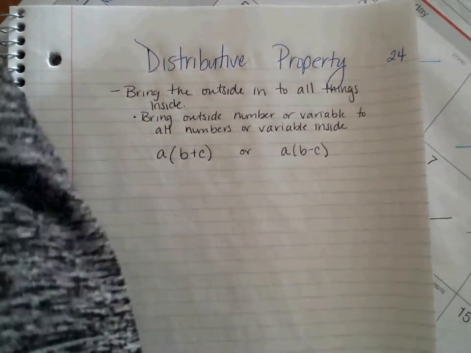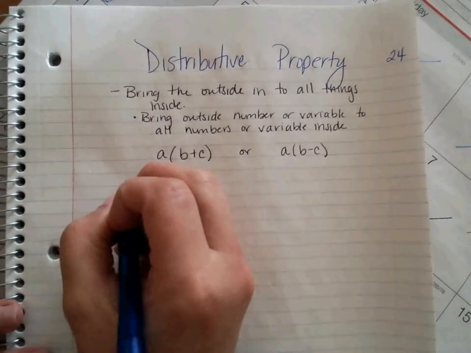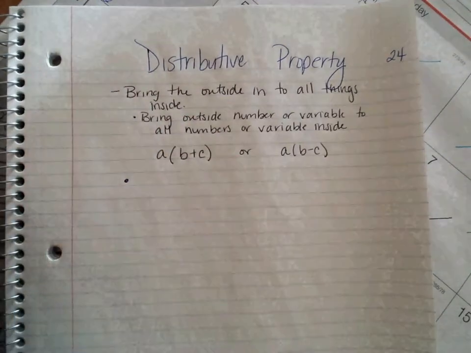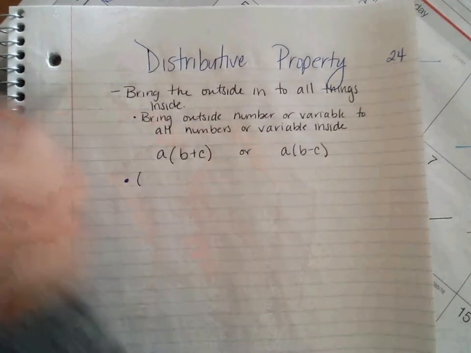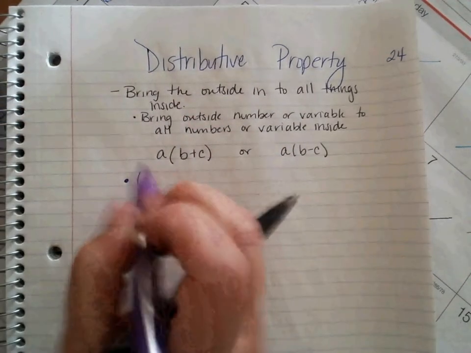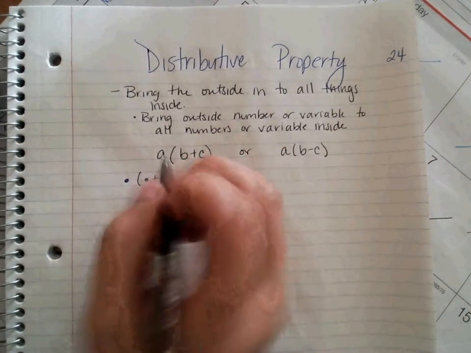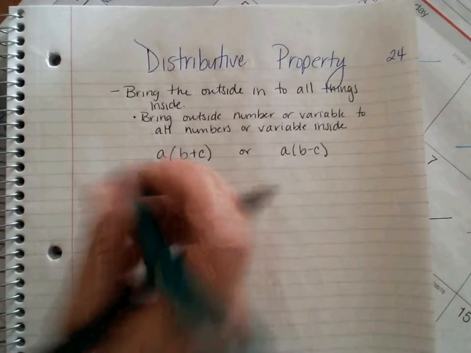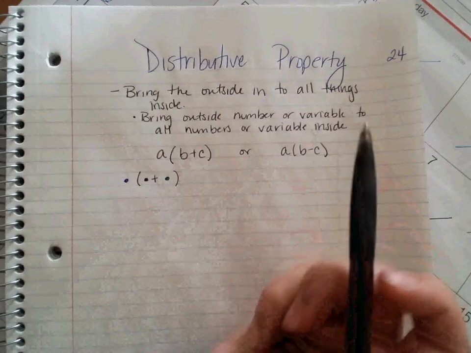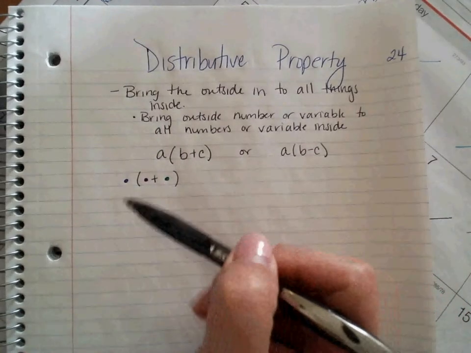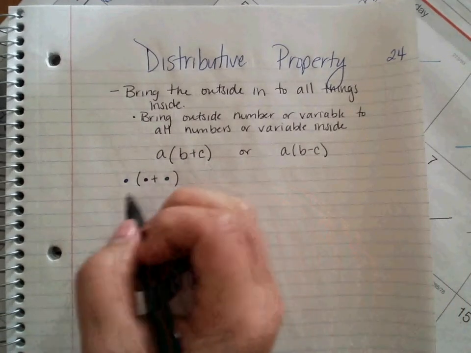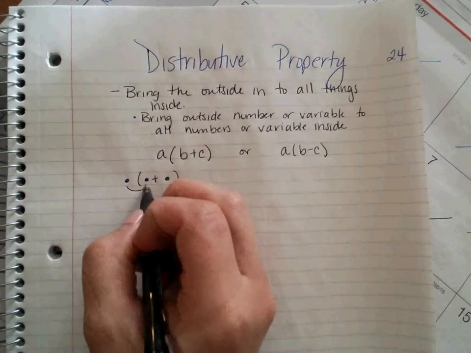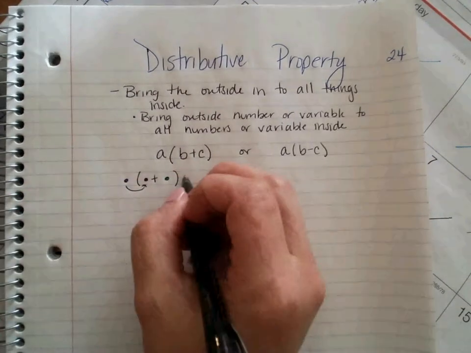So if I color coordinate this, so let's say that I have blue, purple, and then green. So I am going to bring the outside to everything inside. So I'm going to take this blue and bring it to my purple.